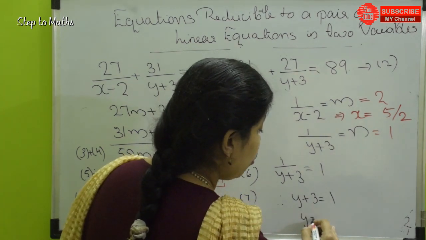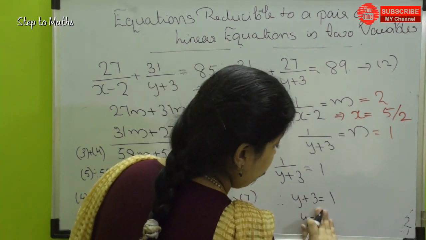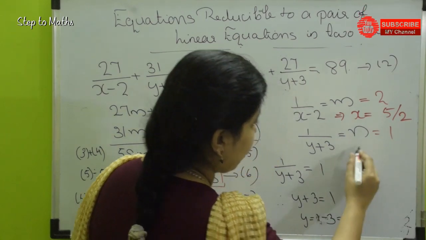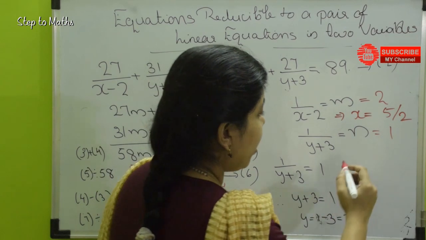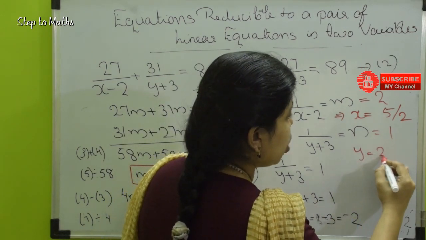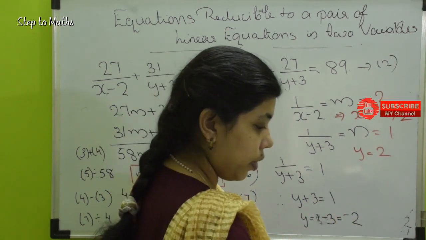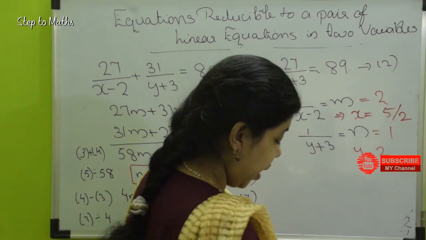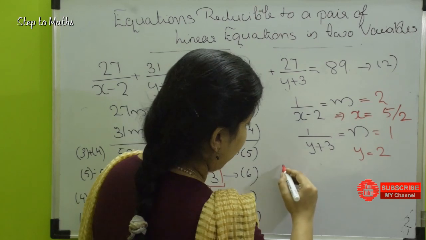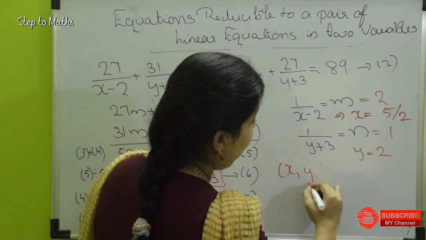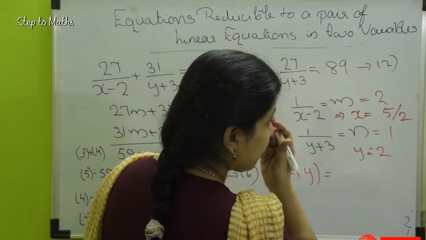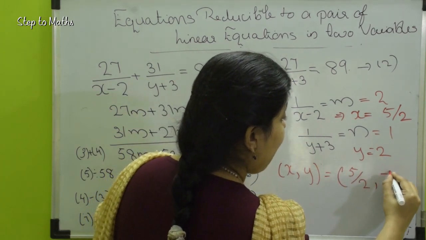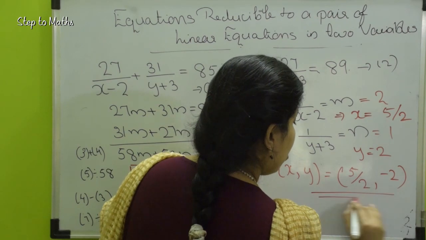Therefore, y is equal to 1 minus 3, which is minus 2. y is equal to minus 2. So we can write the solution of this equation: x, y is equal to 5 upon 2 and minus 2.